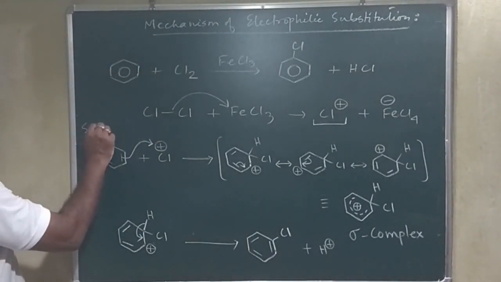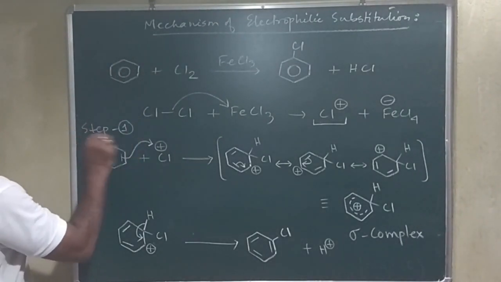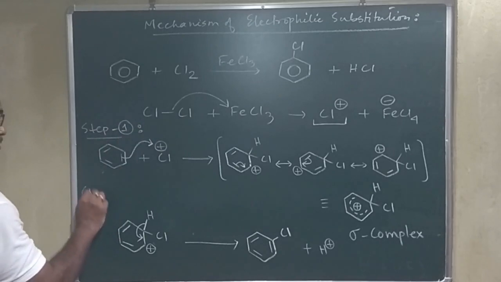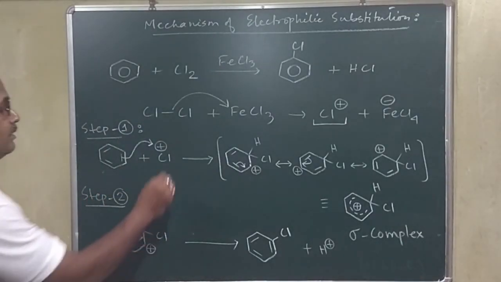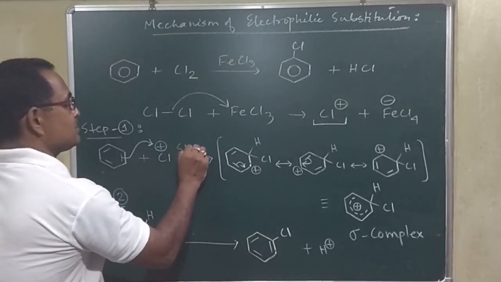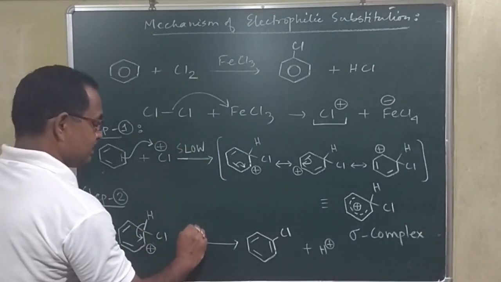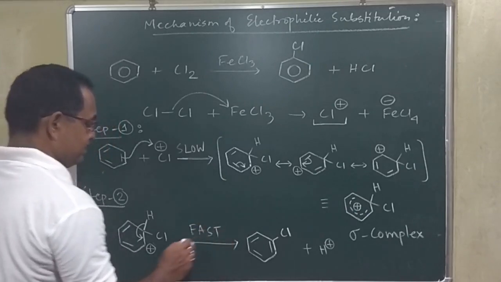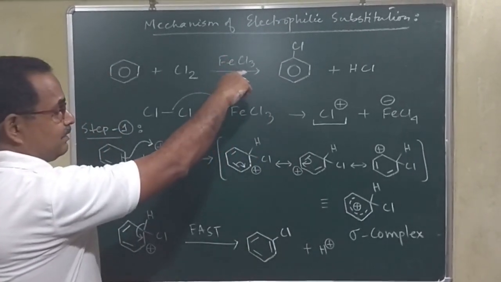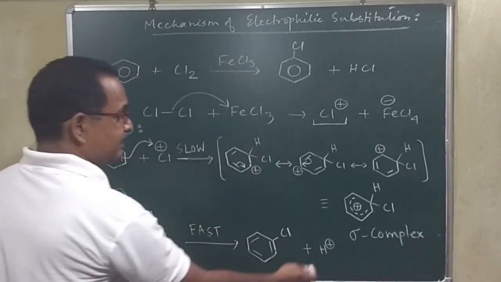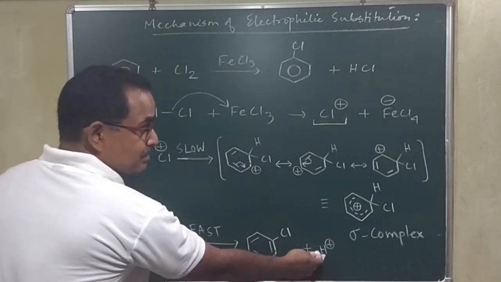So this is step 1 and this one is step 2. This step 1 is slow while this one is fast. Second step is fast. Finally, the ferric chloride catalyst will be regenerated by reacting with H plus.